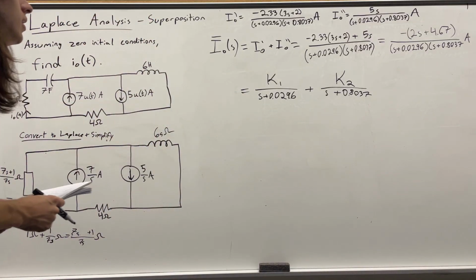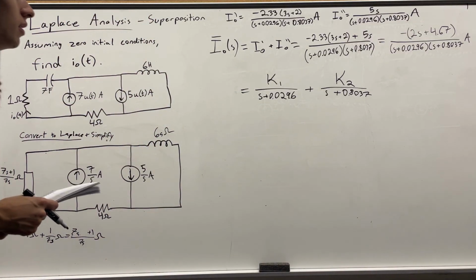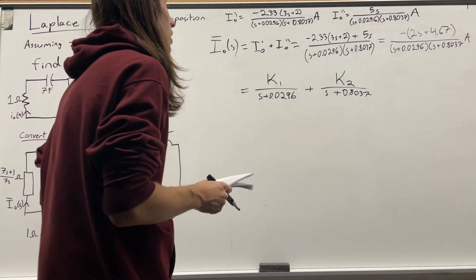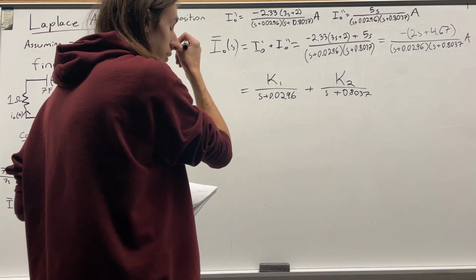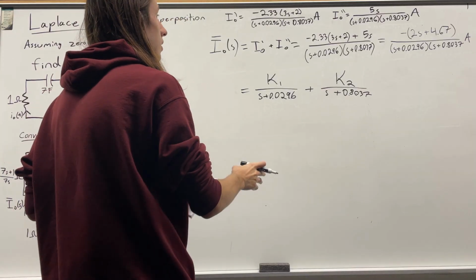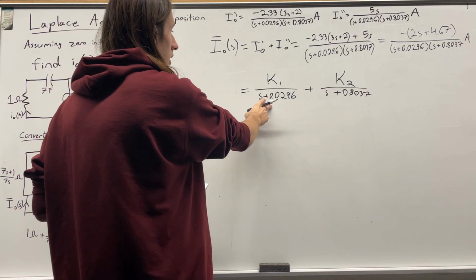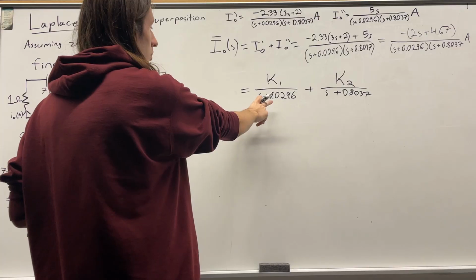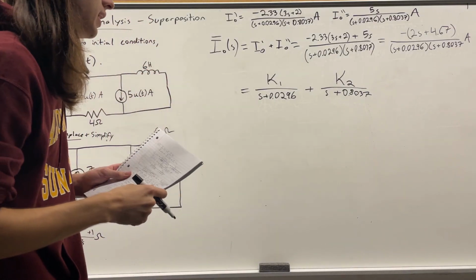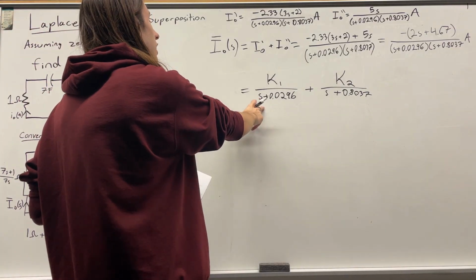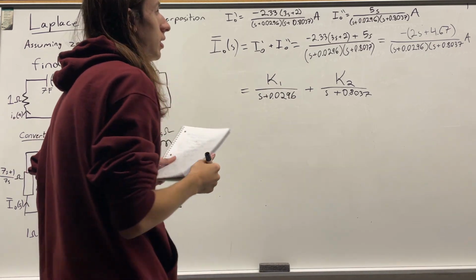Using the same method as for the previous video, we'll find K1 by multiplying the entire equation by the factor S plus 0.0296, so we can get K1 without a denominator.